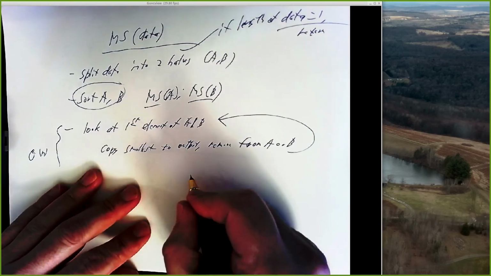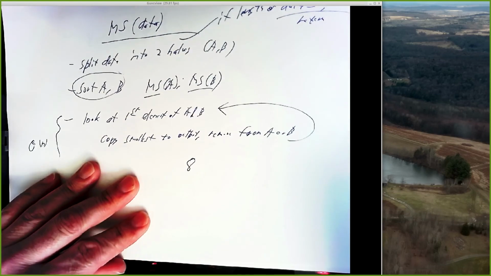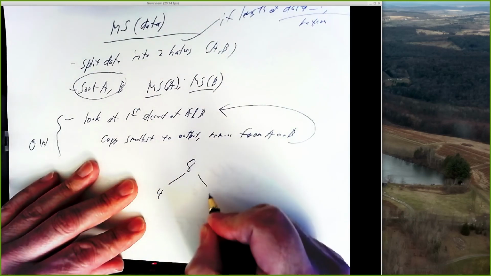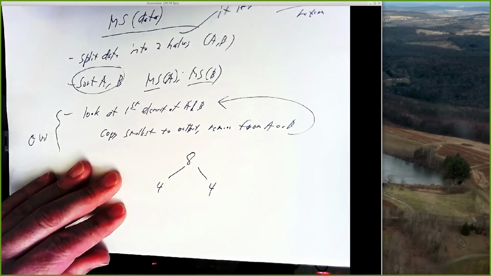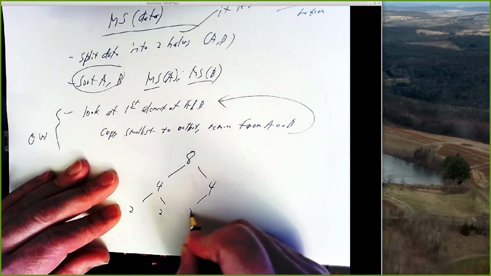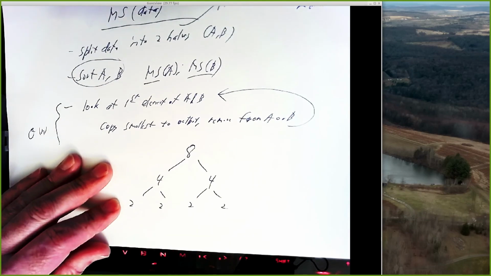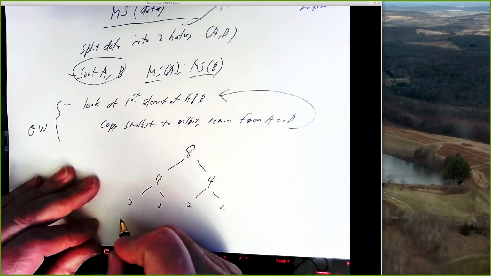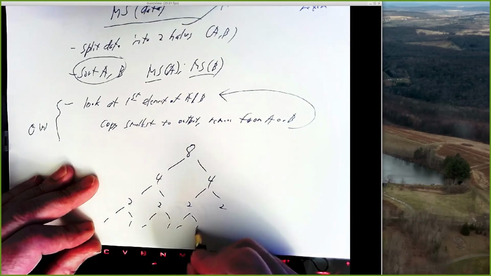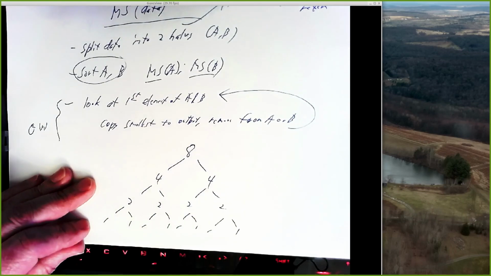So originally we're calling merge sort with a list of length 8. That's going to require 2 recursive calls, each on a list of length 4. And each of those is going to require 2 recursive calls, each on a length 2 list. And merge sorting something of length 2 is going to require 2 calls to merge sort on sublists of length 1.